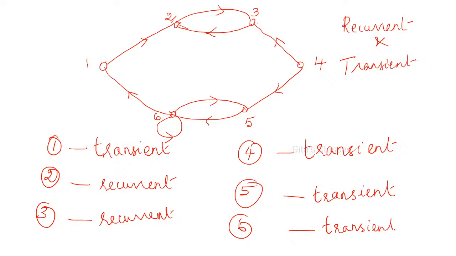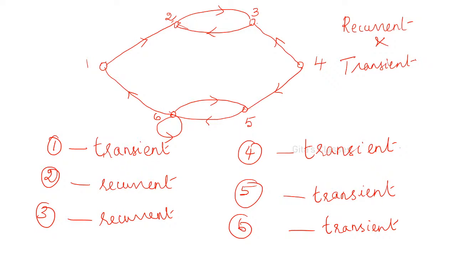6 is also the same thing. From 6, if I go to 5, you have to come back to 5. But from 6, if I take this route, it is not possible to come back. Therefore, transient. If you are very sure that you have to come back to that state, then only it is recurrent.